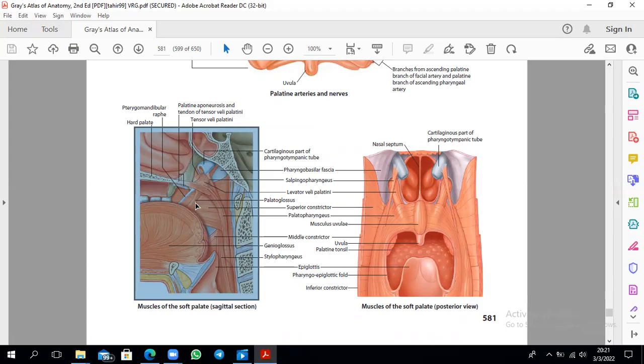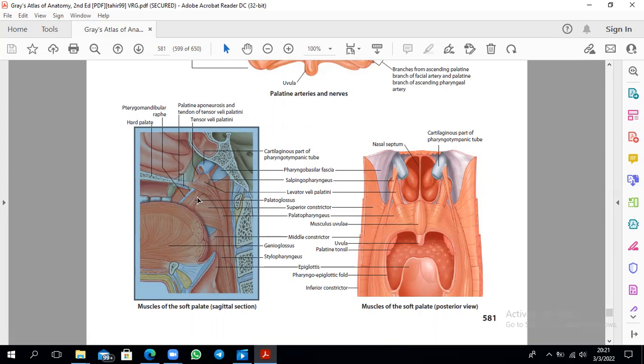That is palatoglossus. This is palatopharyngeus. All these muscles are extrinsic to the soft palate, except the musculus uvulae, which is intrinsic.